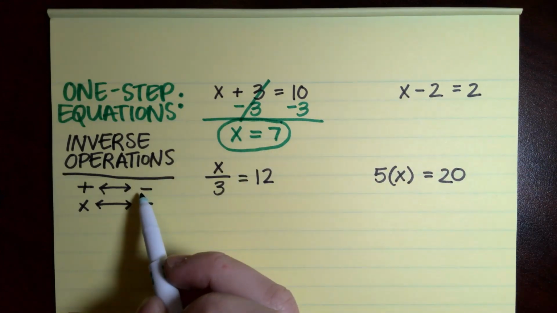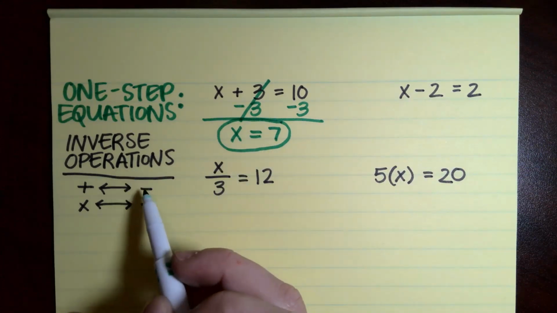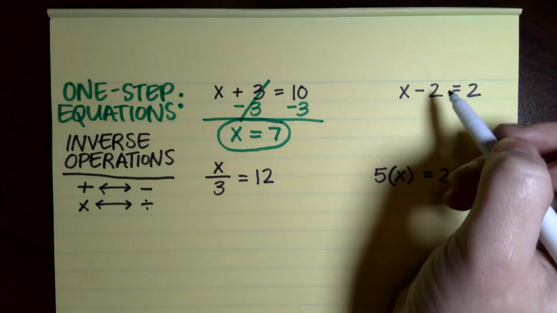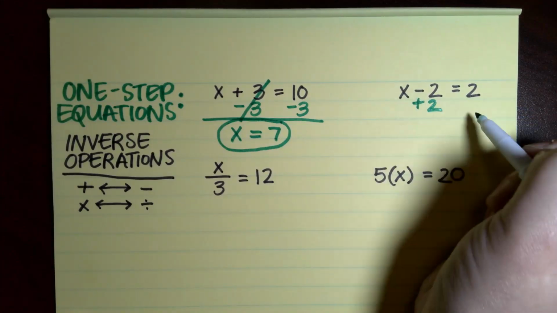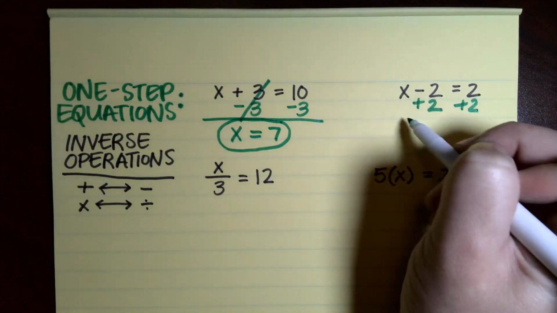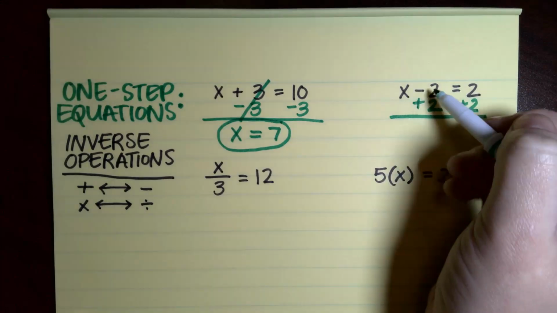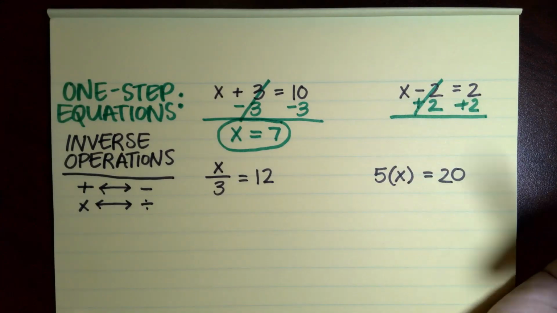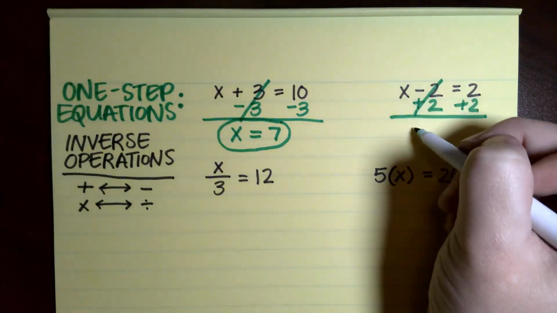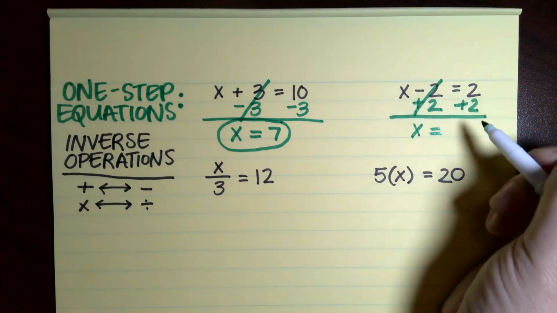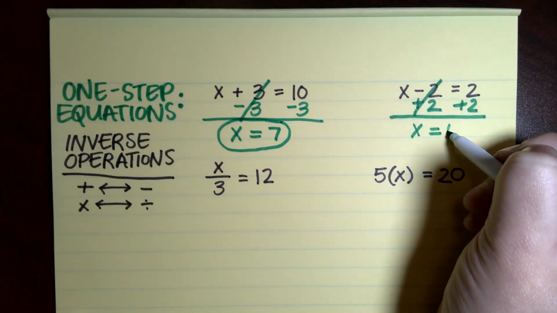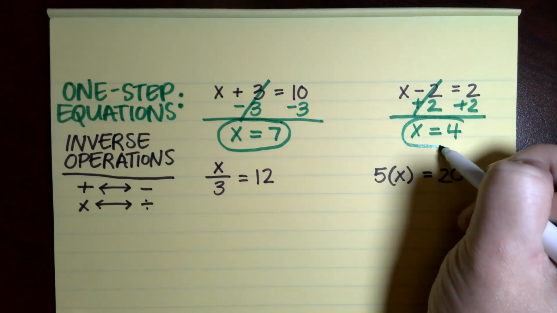To get rid of subtraction, we use our inverse operations and we add. So I'm going to do plus 2. And whatever I do to one side, I have to do to the other. Those 2's are going to cancel. I'll bring down my x equals 2 plus 2 is 4. Good job.